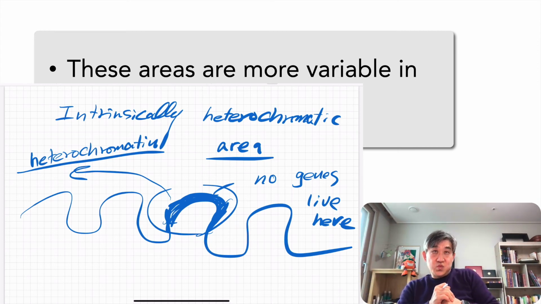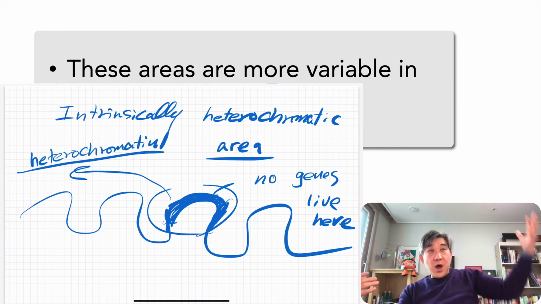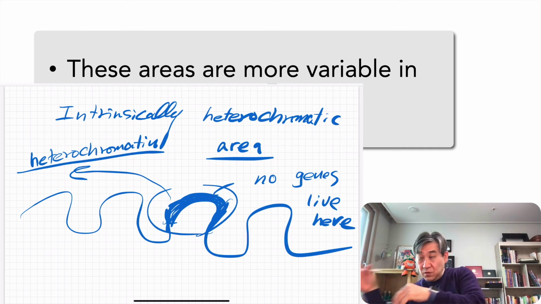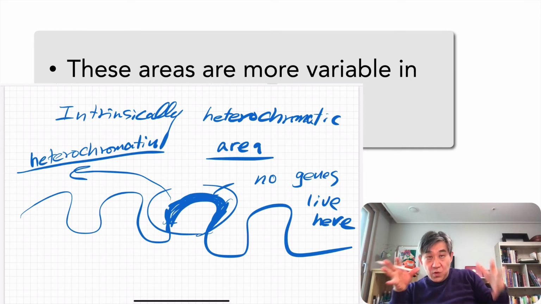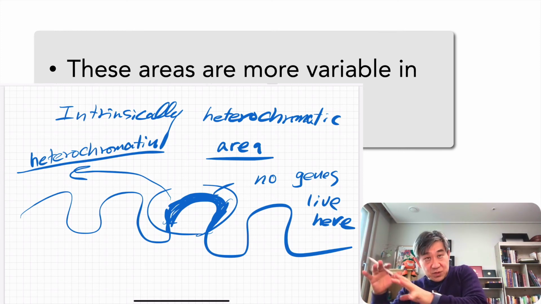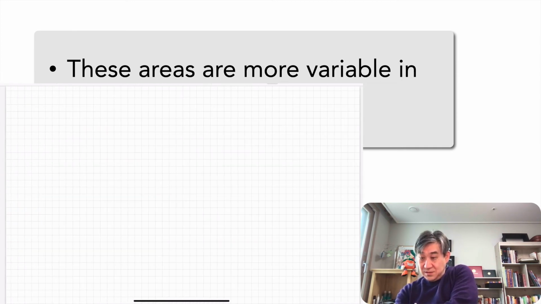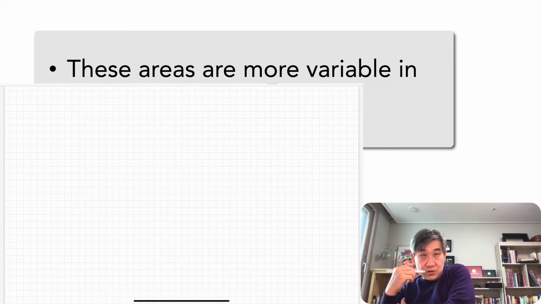Why is that so? Why do these intrinsic heterochromatin areas have such high DNA sequence variation among individuals, while areas where more genes are located have much less? If you think about it, that's actually very natural.